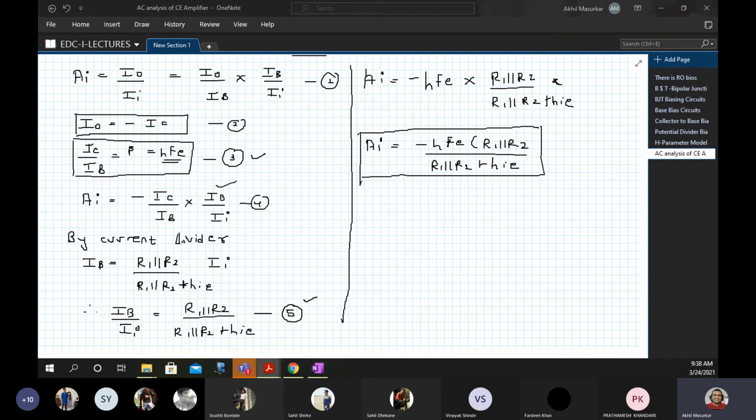See, so we calculated current gain, we calculated voltage gain, Ri and R0.